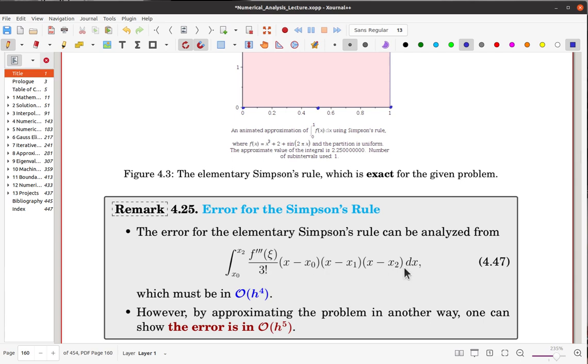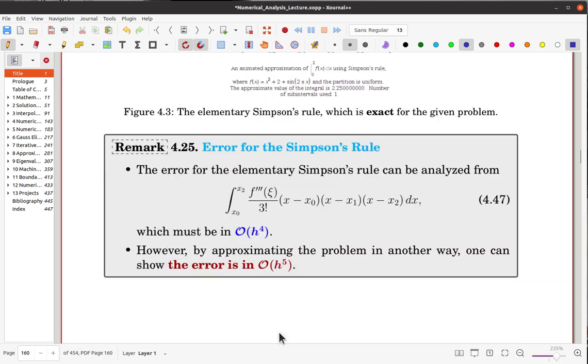Once you take the integral, it must be order h to the 4, because that is third order along with one order from the domain. However, by approximating the problem in another way, we can show that the error is in order 5. Let's do it.